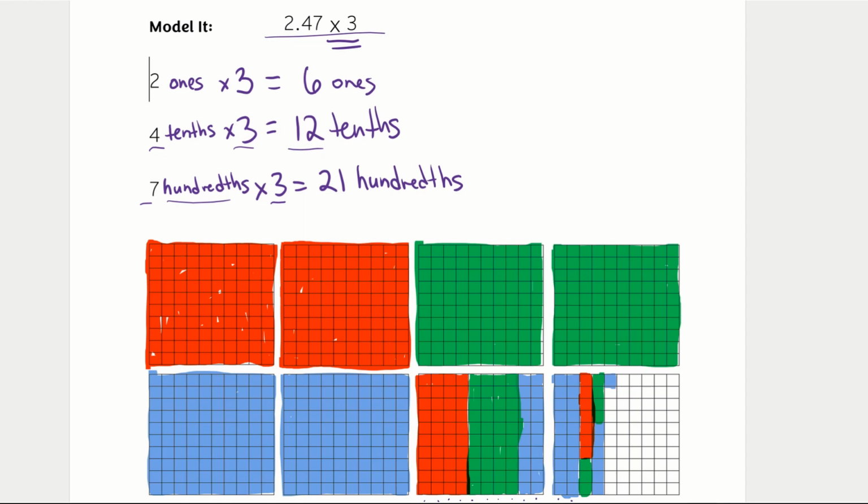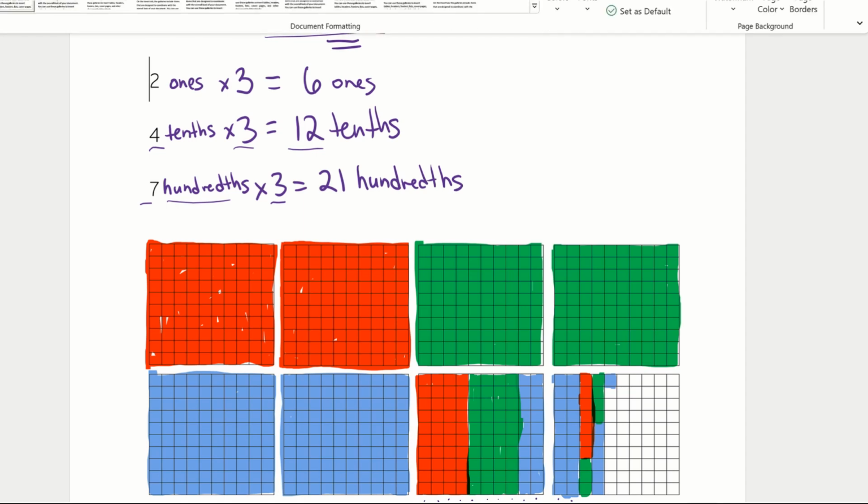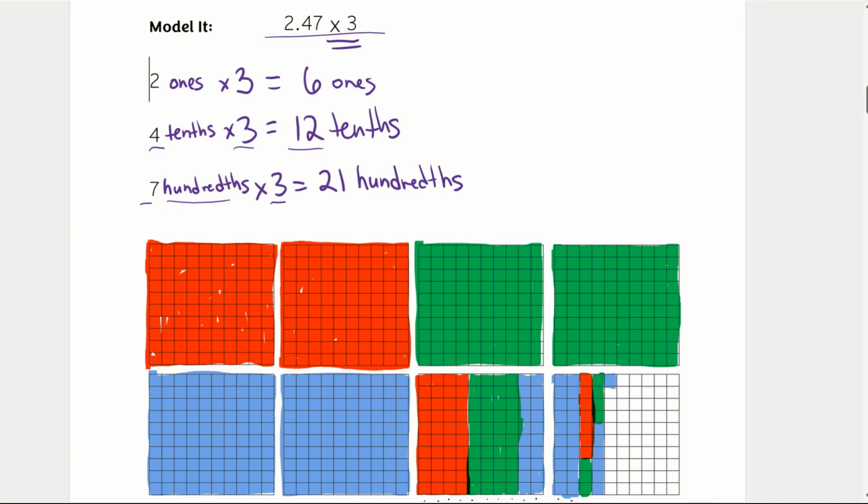And then if I get my pen back and I count them all, I can see 1, 2, 3, 4, 5, 6, 7, 8, 9, 10, 11, 12, 13, 14, 15, 16, 17, 18, 19, 20, 21. Perfect, I was right. 21 hundredths, just like I predicted.